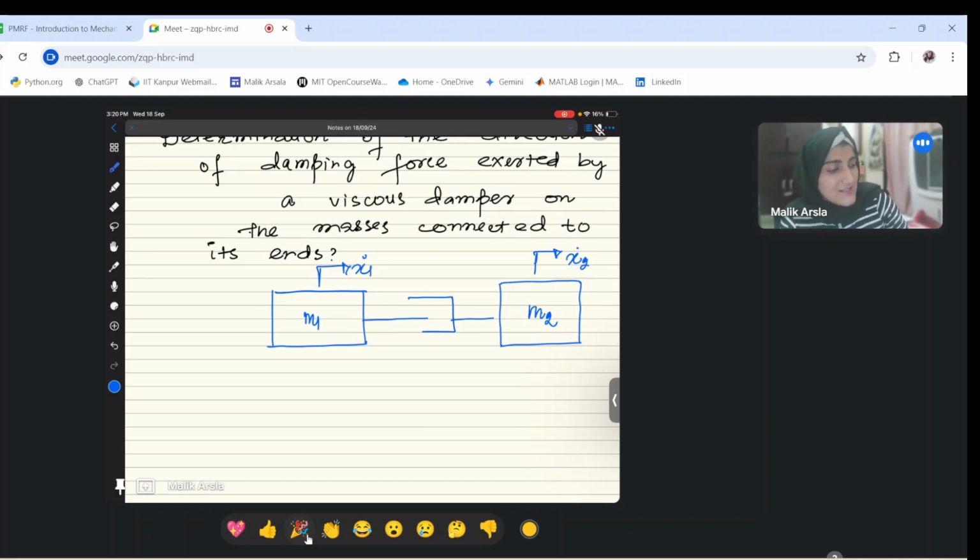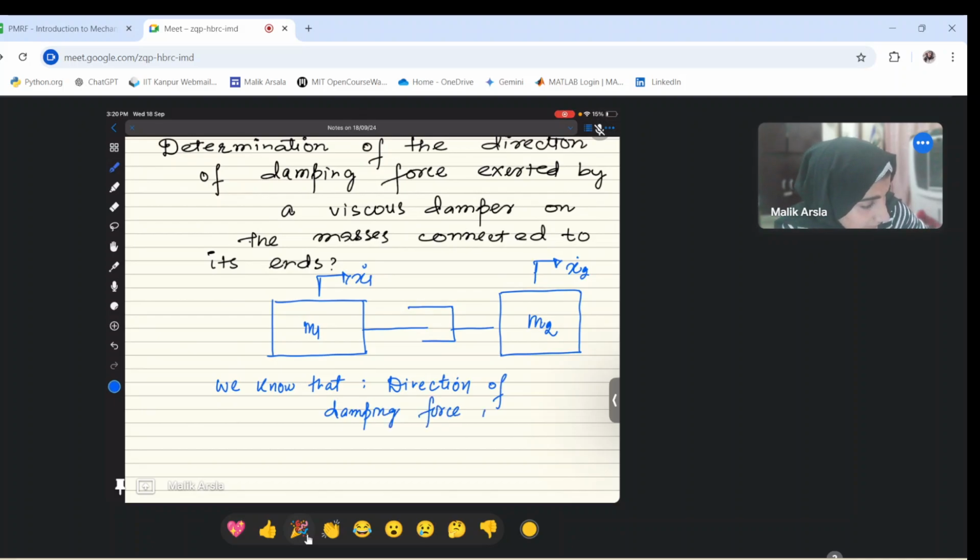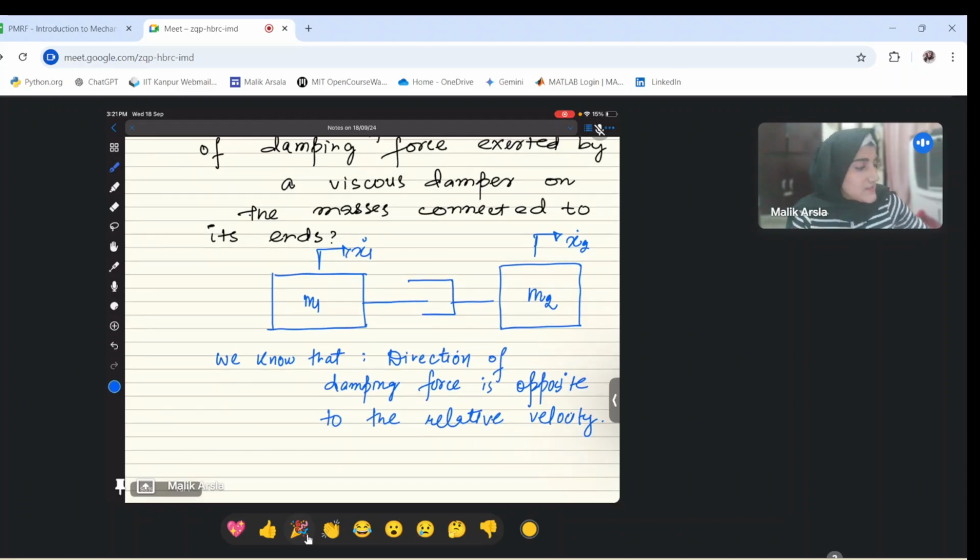Now one thing is that we know that the direction of damping force is opposite to the relative velocity. Now this term here is important.